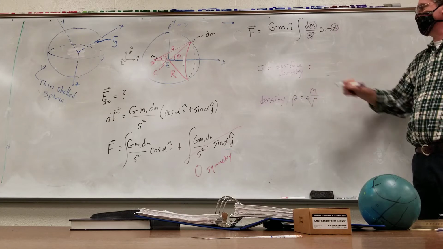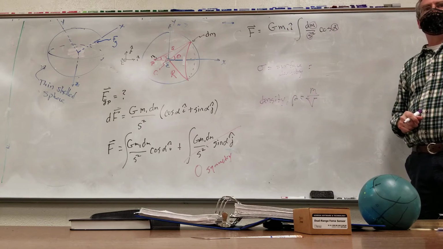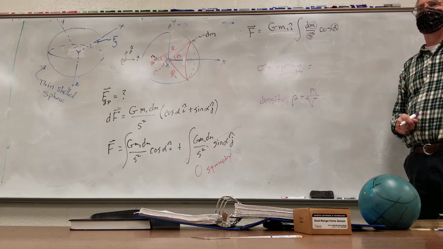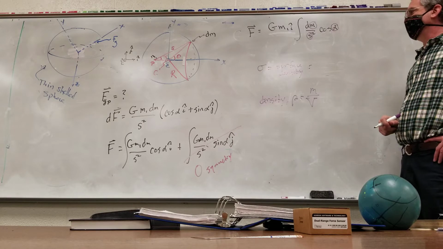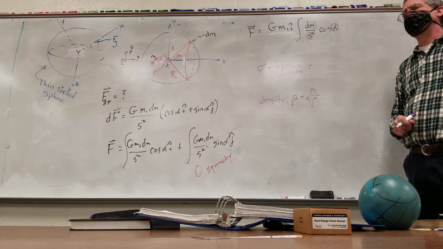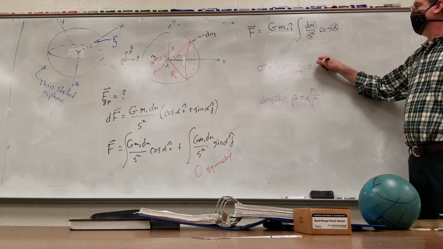What is the formula for surface density? Mass of the surface over the volume. Surface. Mass over, not surface volume. Area. Yeah, surface area. It's mass over area.